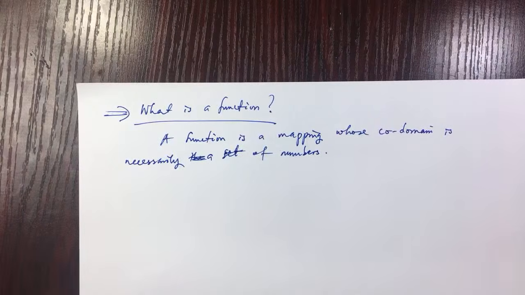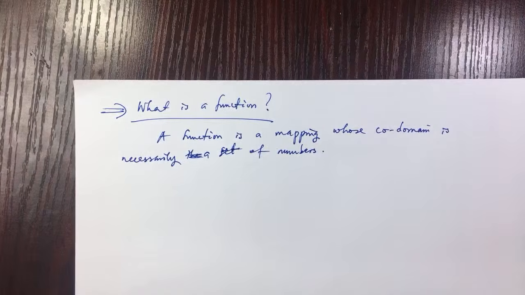Now, I'm going to go further into explaining this definition. But looking at it carefully, you will come to realize that a function is like a specific kind of mapping, because mappings give room for relationships between abstract sets.